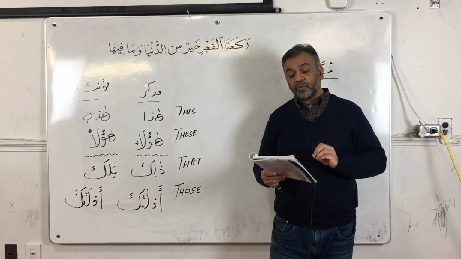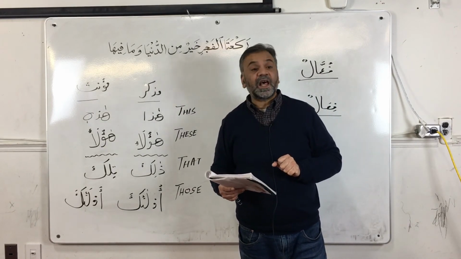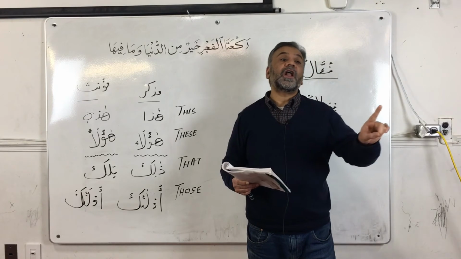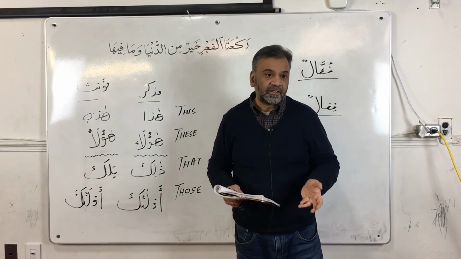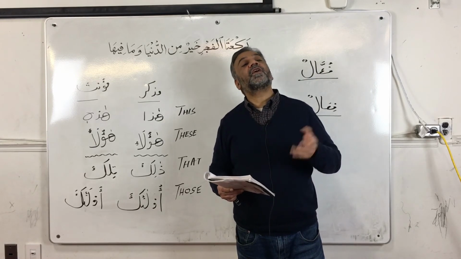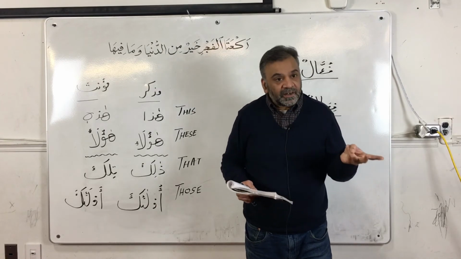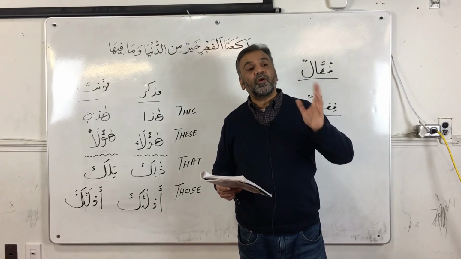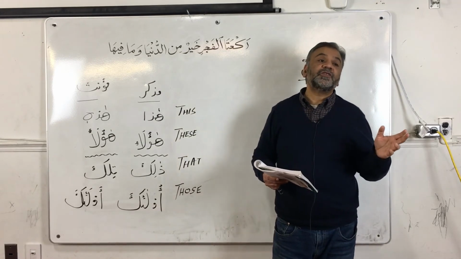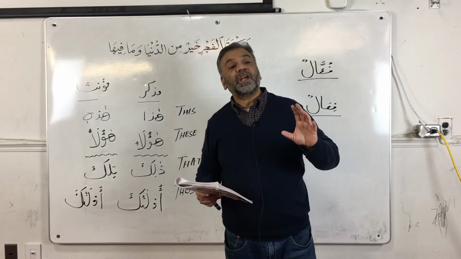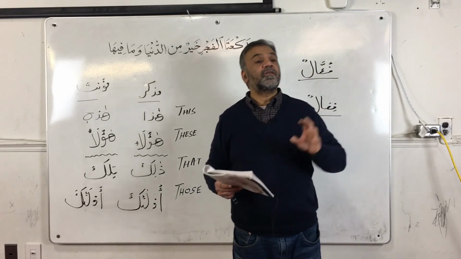Ahaulai tullabu aghniyau, are these students rich? Answer is la, hum fuqara'u. So you see, this is a good exercise. We cannot say la hum faqirun, because hum and faqirun don't match in number. Once we change hum, which is the mubtada, then the khabar will have to change, because mubtada and khabar have to match in gender and in number. So, hum fuqara'u.